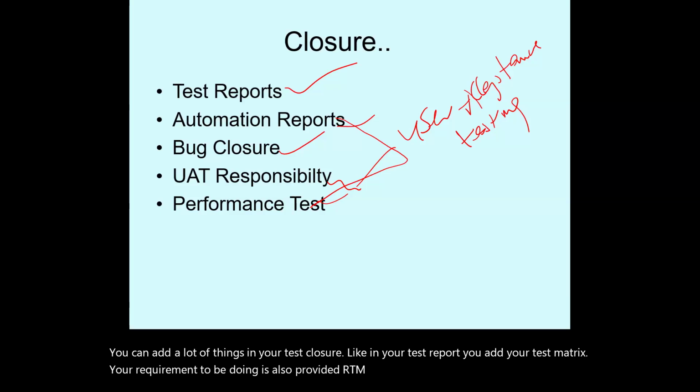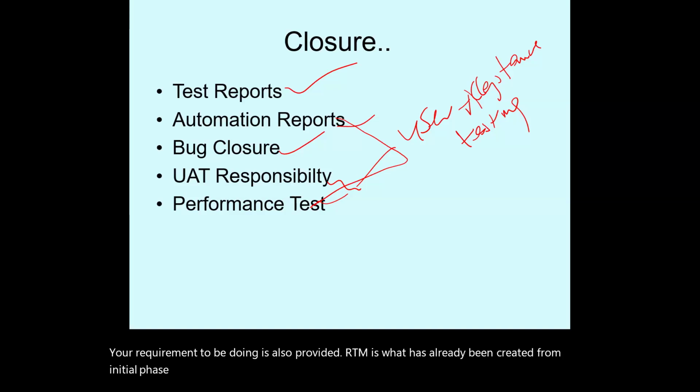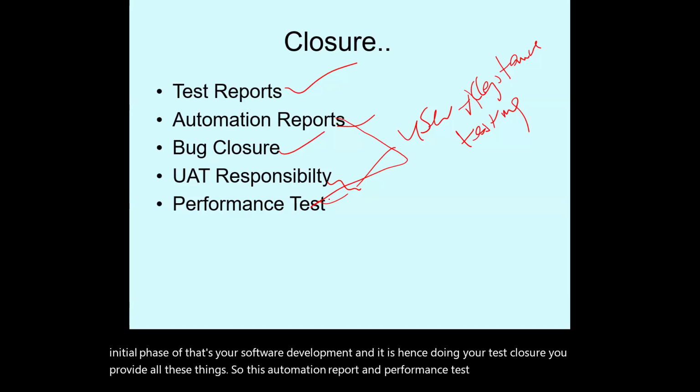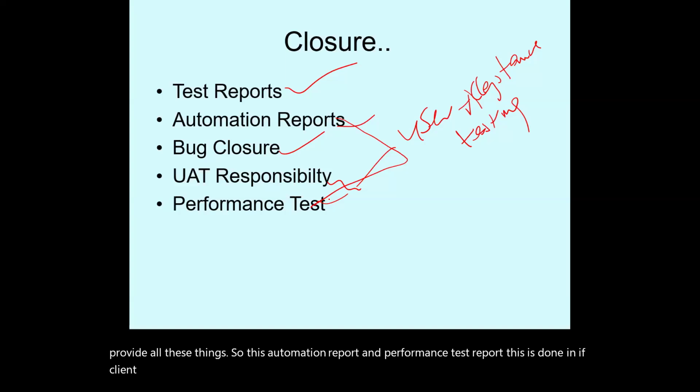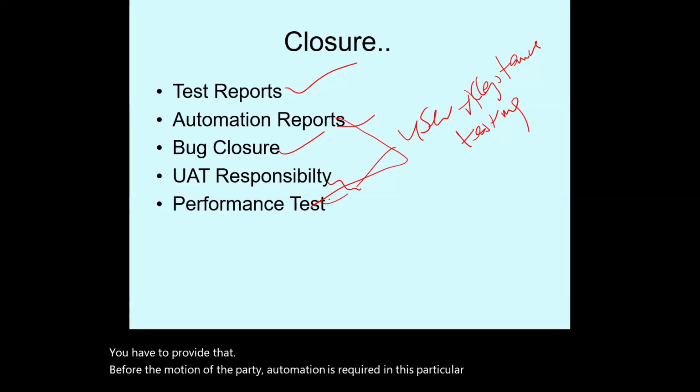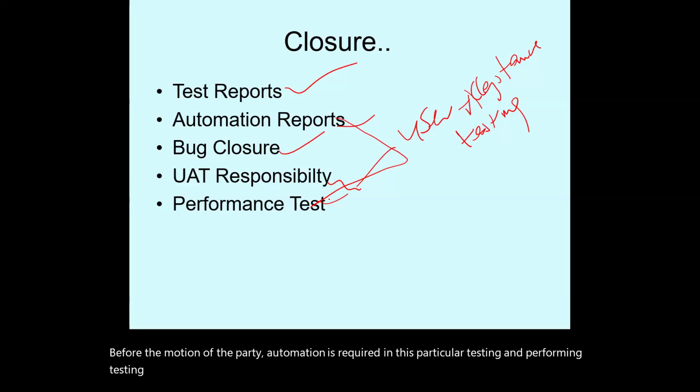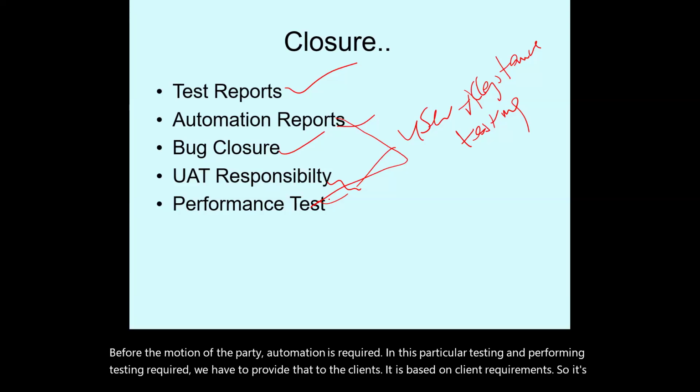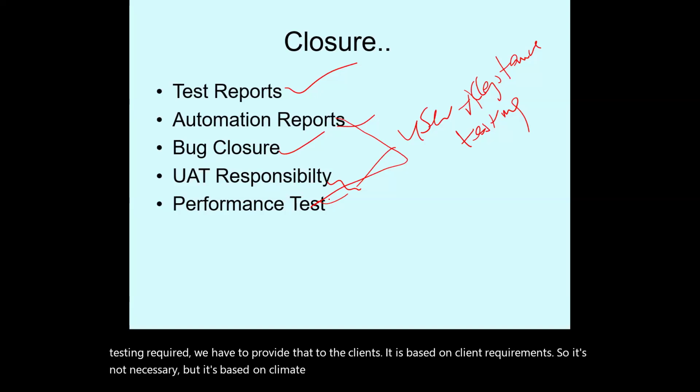The RTM has already been created from the initial phase of your software development, and it ends during your test closure. So this automation report and performance testing report are done if the client requires that. If automation is required in this particular testing and performance testing is required, you have to provide that to the clients. So it's not necessary, but it's based on client requirements. You have to provide all those in your test closure reports.